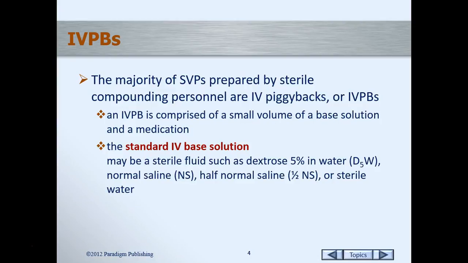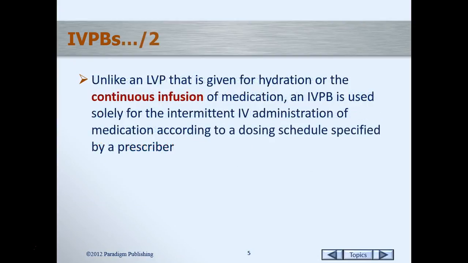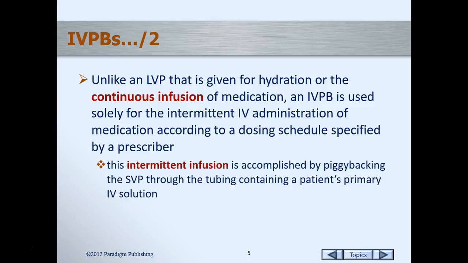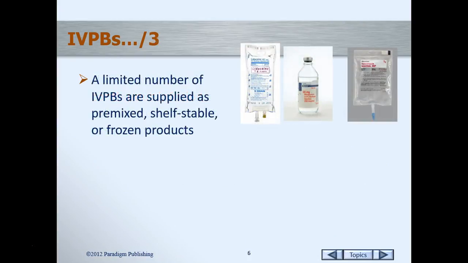They may also include half normal or sterile water, but the most common are D5W and normal saline. Unlike the LVP given for hydration or as a continuous infusion, a piggyback is used solely for the intermittent IV administration of a medication according to a dosing schedule. Intermittent infusion is accomplished by piggybacking the small volume parenteral through the tubing containing the patient's primary IV solution.